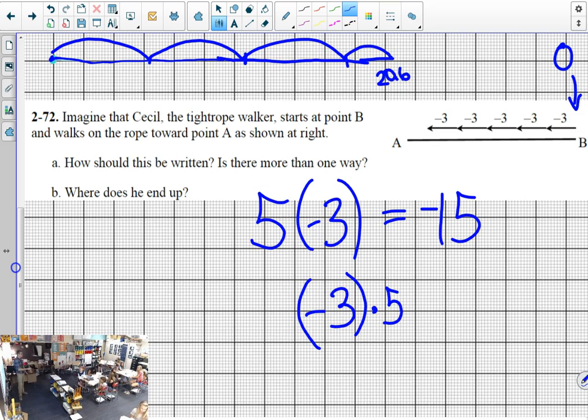Now, we don't normally write it like this, but I want to show you something. This would still multiply. It's ugly. We don't like writing it like this. We normally don't. We put the 5 in front. But if there's a number against a parenthesis, it's multiplication. Please don't write it like this if you don't have to. We would put the number in front of the parenthesis because that's easier for us to think through.